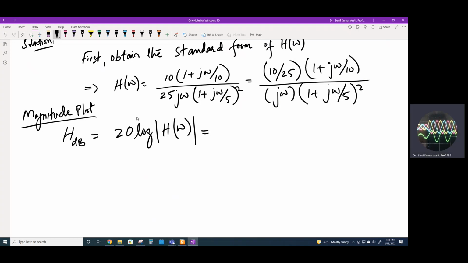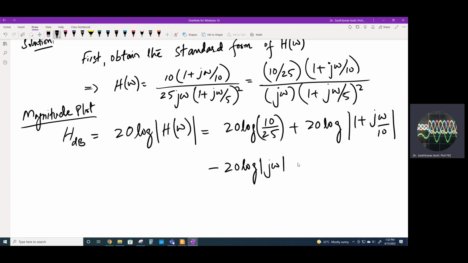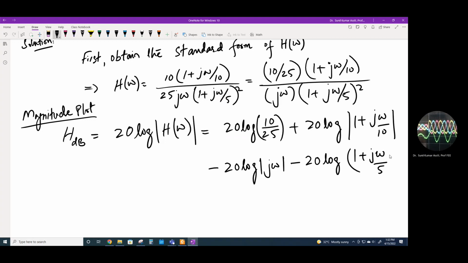So 20 log of the magnitude of H of omega will be 20 log of the magnitude of 10 over 25, which is basically the K, minus 20 log of the magnitude of j omega, and minus 20 log of the magnitude of 1 plus j omega over 5 whole squared.